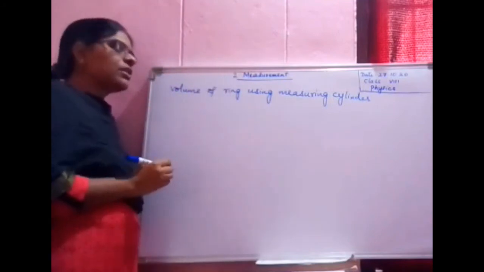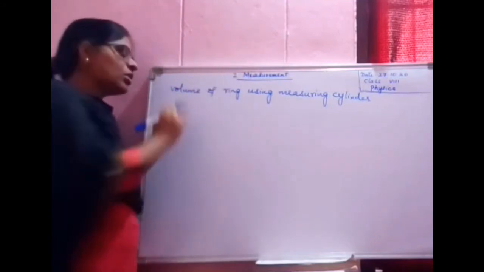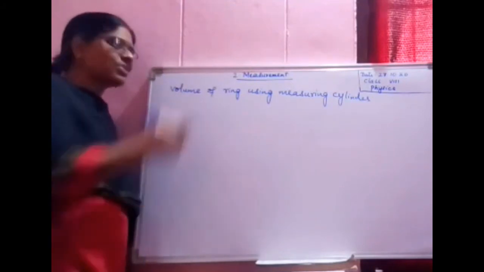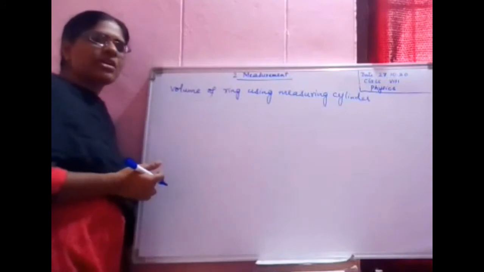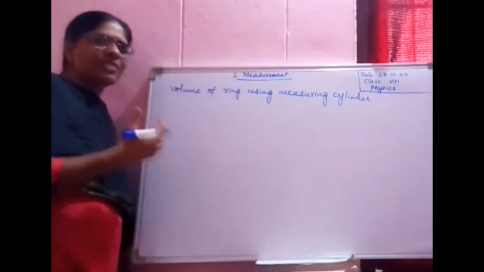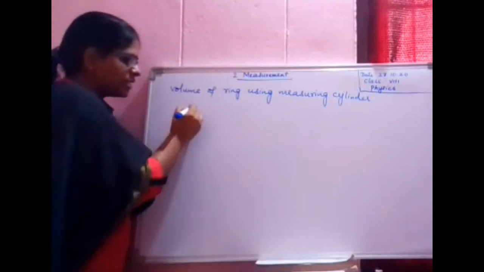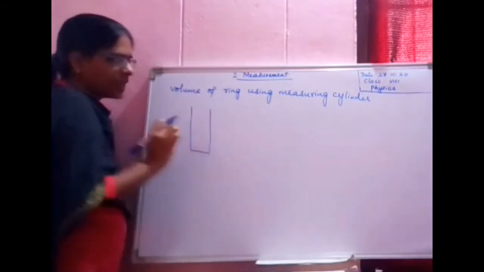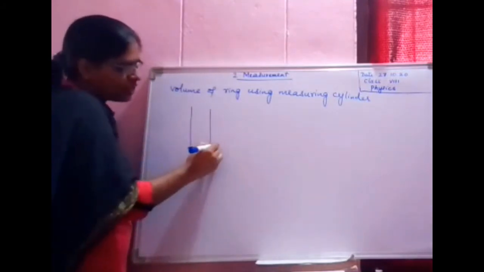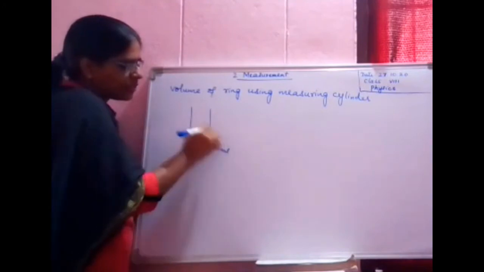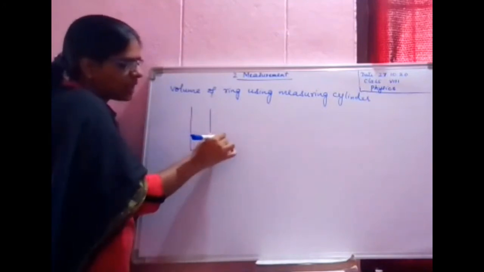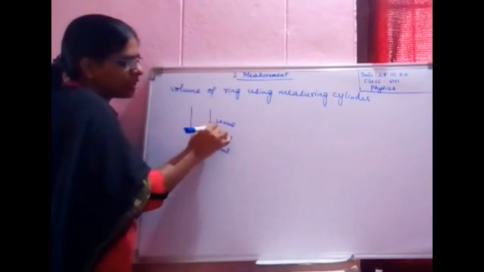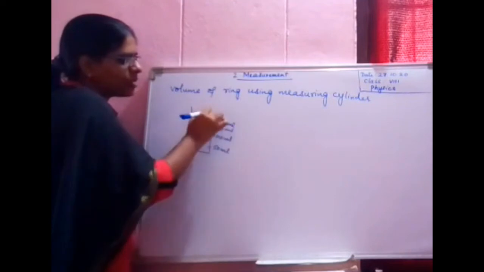Now first of all, to find the volume of any object using the measuring cylinder, what you need to do, let us see. First, take the measuring cylinder. Like this you will be seeing the values 50, 100 ml, 150, 200 ml.